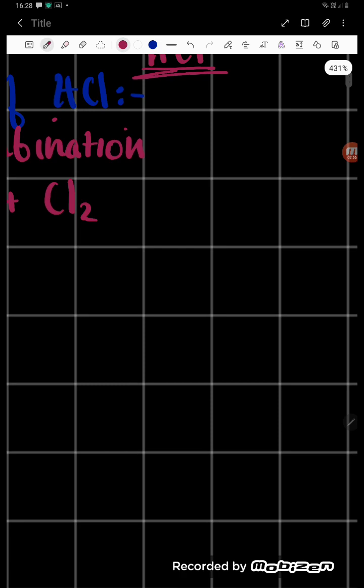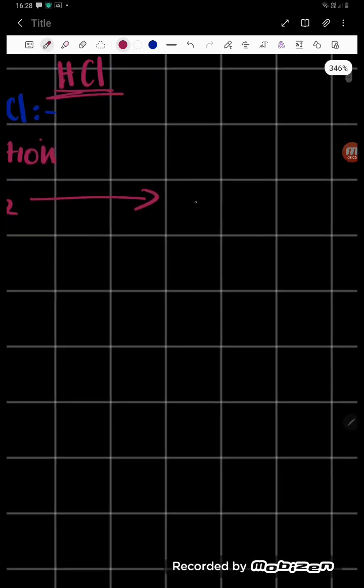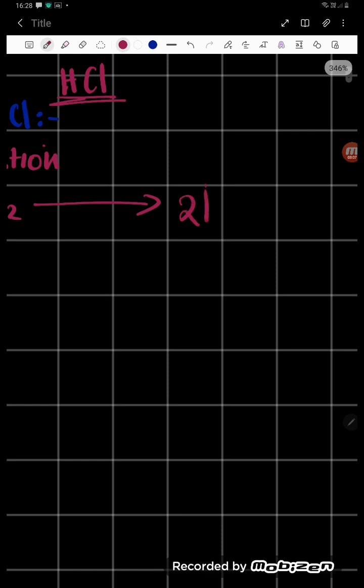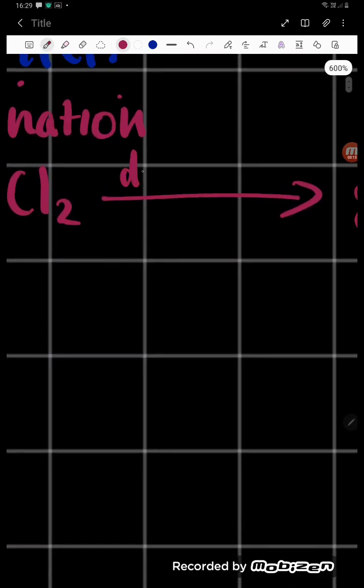That is direct combination, of course, where two chemicals are directly combined and they form 2HCl, which is in the gaseous state, under the condition that it is under diffused sunlight.